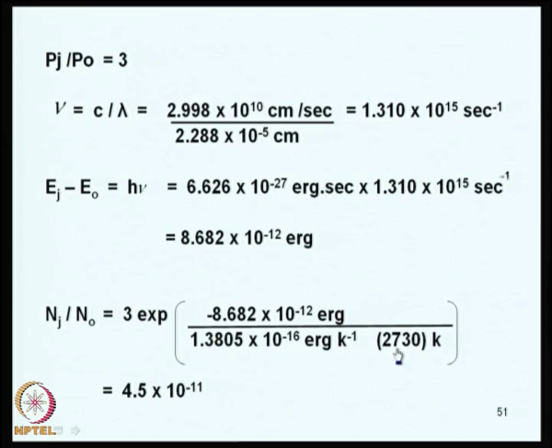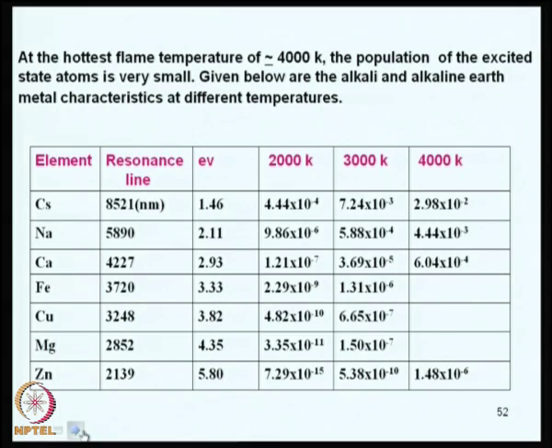In other words, you can say for every 10 raised to 11 atoms in the ground state, you will find 4.5 atoms in the excited state at the temperature of 2730 Kelvin. That is the temperature we have used. This tells you that the number of atoms in the excited state is really very small. Out of 10 raised to 11, only 4.5 atoms you are getting in the excited state.